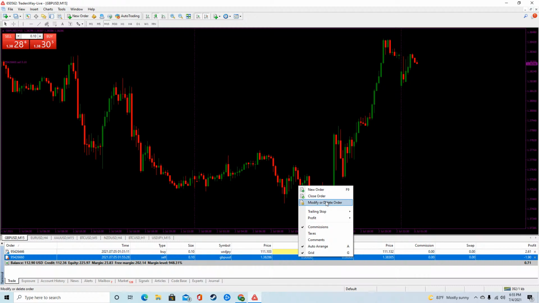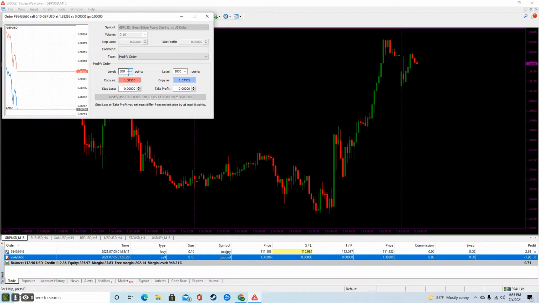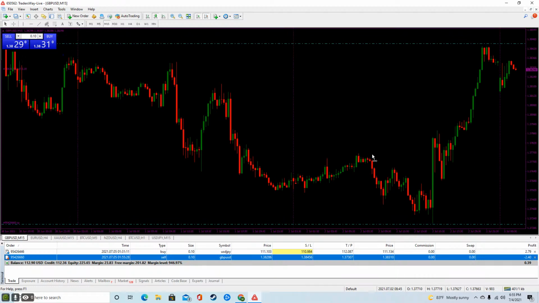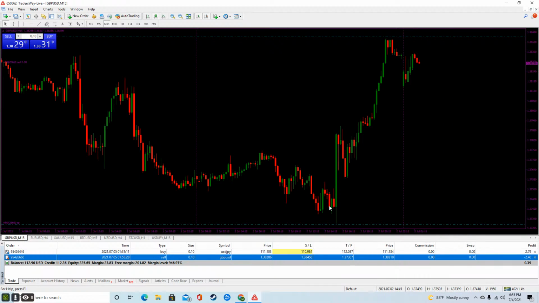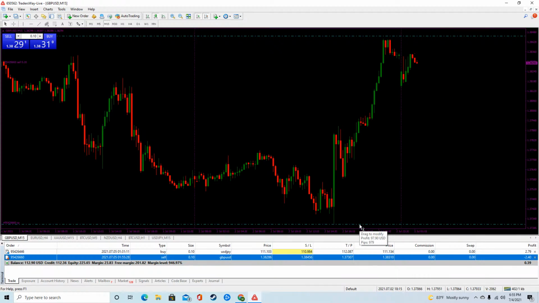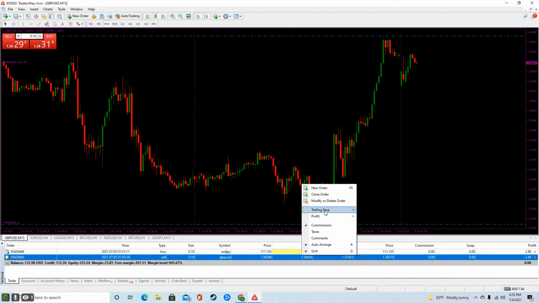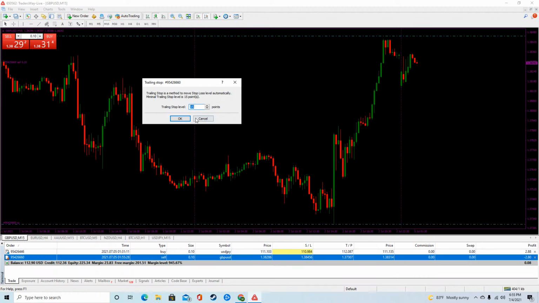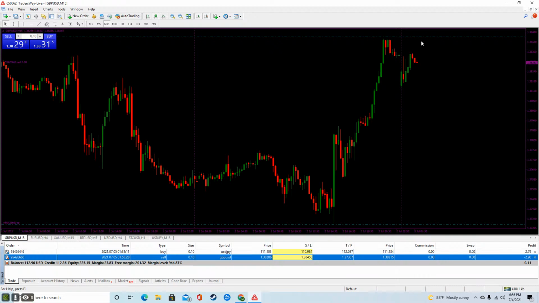We're going to go here, modify. We're going to make this 15 pips. And boom. It will drop down into a zone, which will be $97 if it goes our way. Now we've got to make a trailing stop. On this GBP USD I might make it a little bigger, 25 pips, so it gives it some wiggle room.